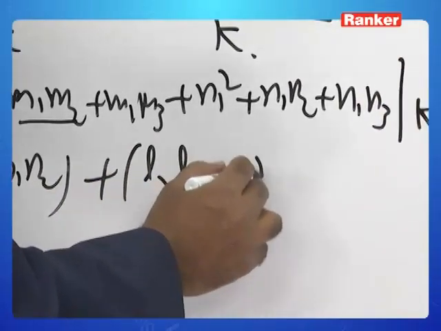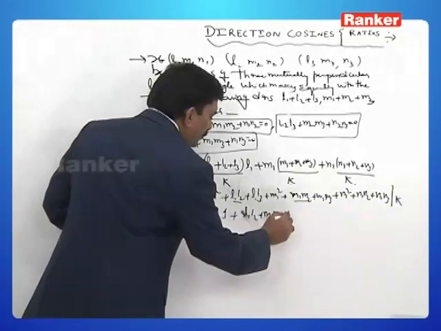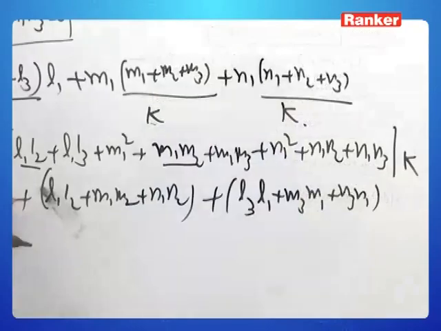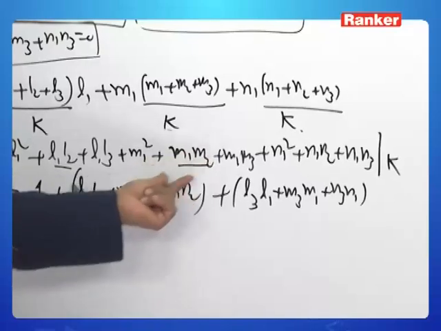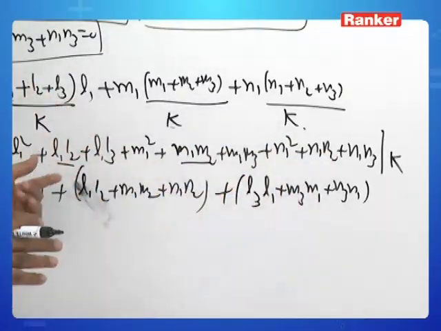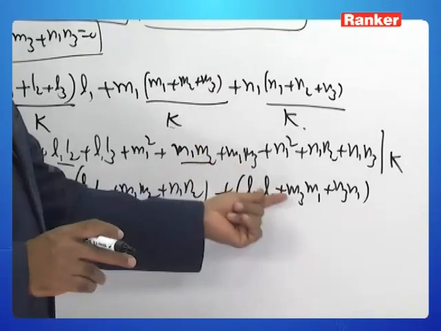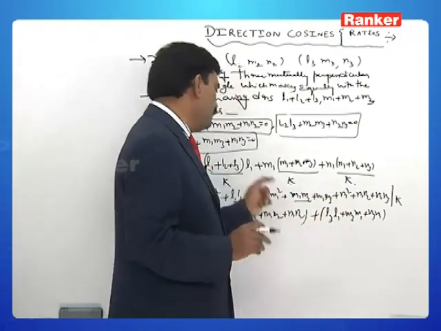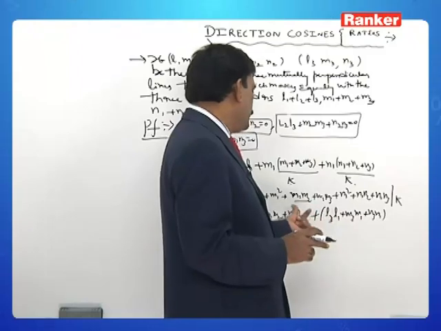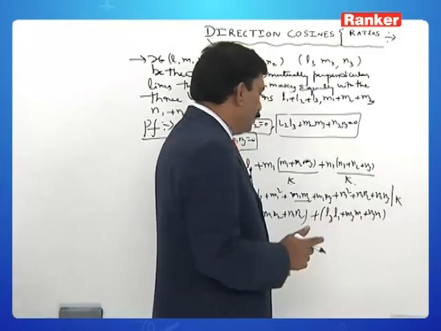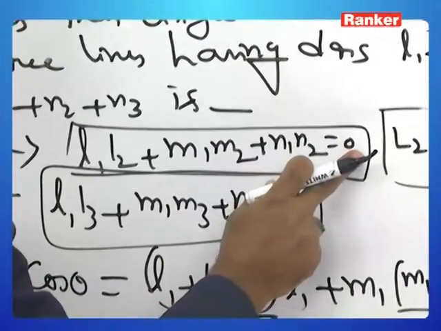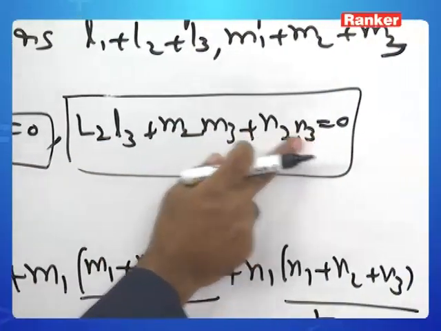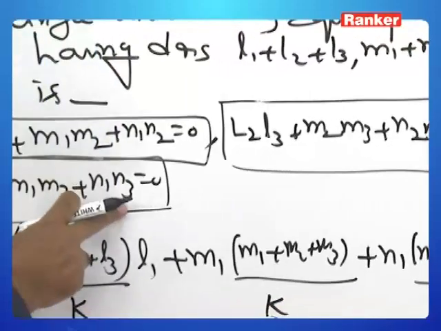Next, l1 l3 plus m1 m3 plus n1 n3, whole divided by k. Now, these are three mutually perpendicular lines, so the angle between them is 90 degrees.